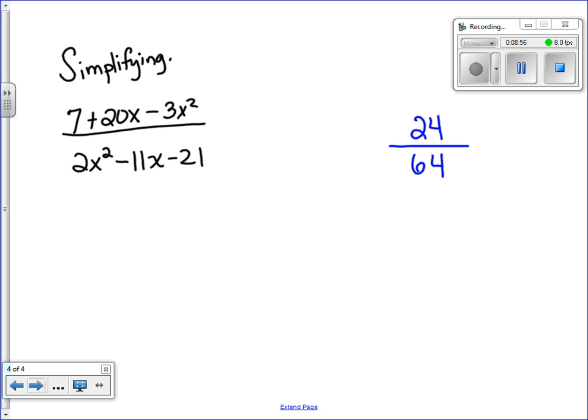This fraction, 24 over 64. That's a fraction, right? How would I simplify this fraction?